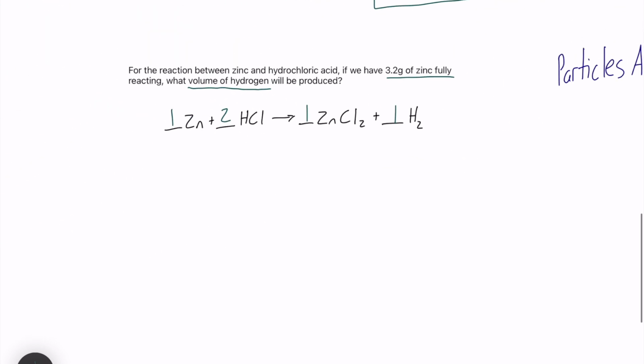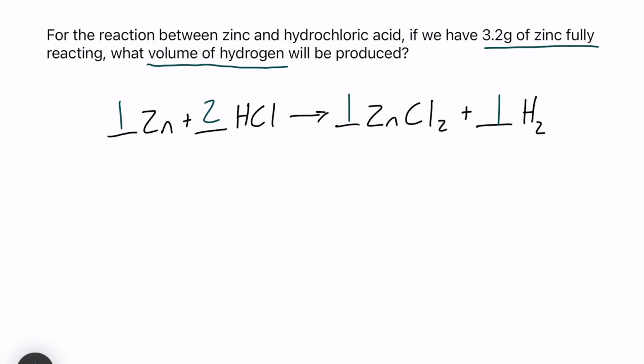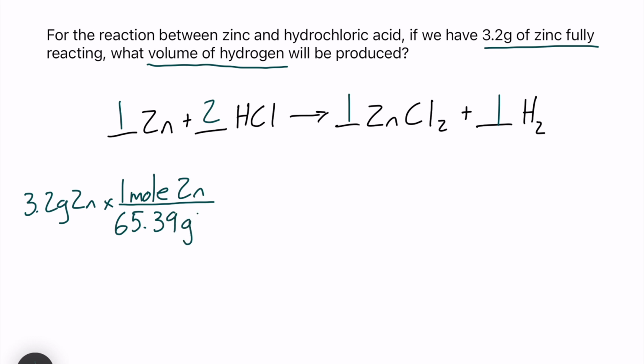Okay, so we'll start off with our 3.2 grams of zinc, and our first step is to get to moles of zinc. So I want on top moles of zinc, and I'm dividing by the molar mass of zinc, which is going to be 65.39 grams of zinc. So if I was to stop right there, I would be in moles of zinc, but we're not quite done.